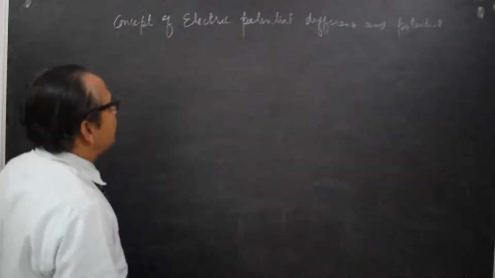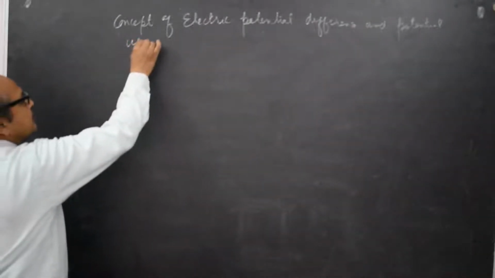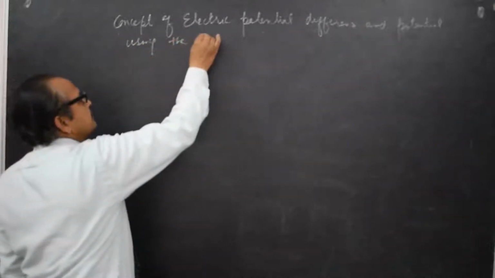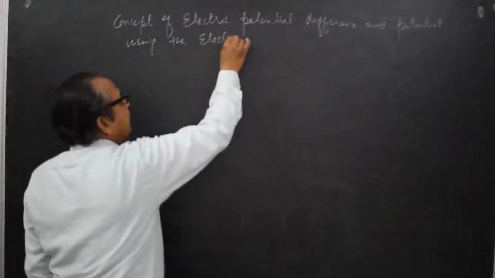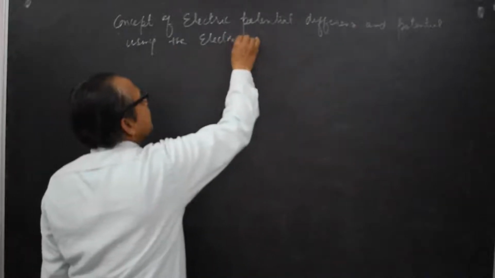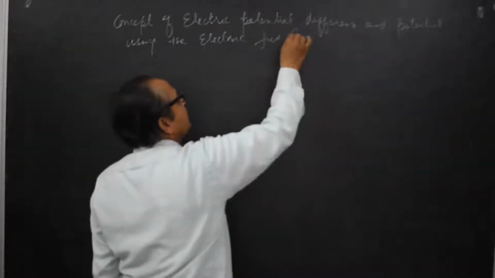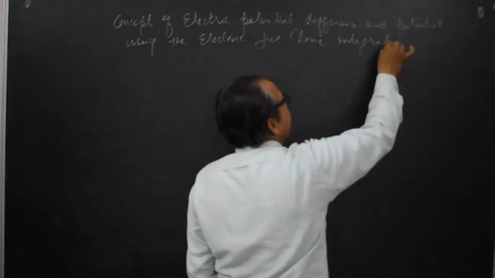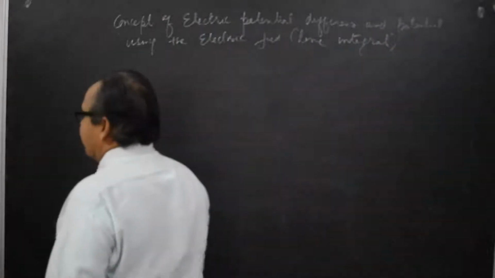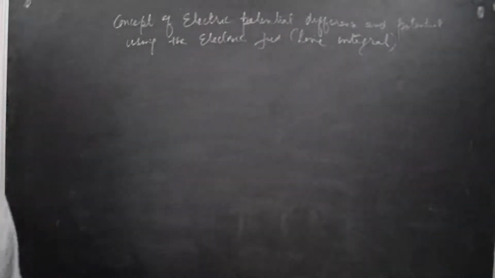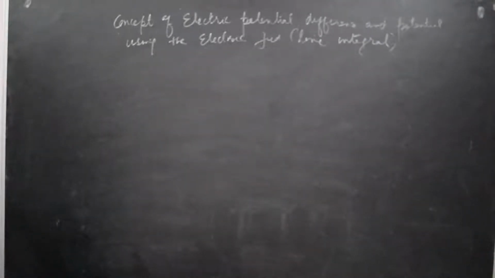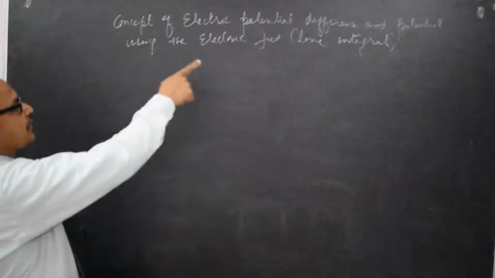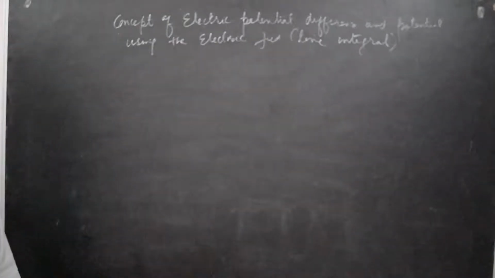This we already know, but here we will be using the electric field, or you can say using the line integral. Just now the concept of line integral that we have done, we will use that in order to find the concept of electric potential difference and potential.